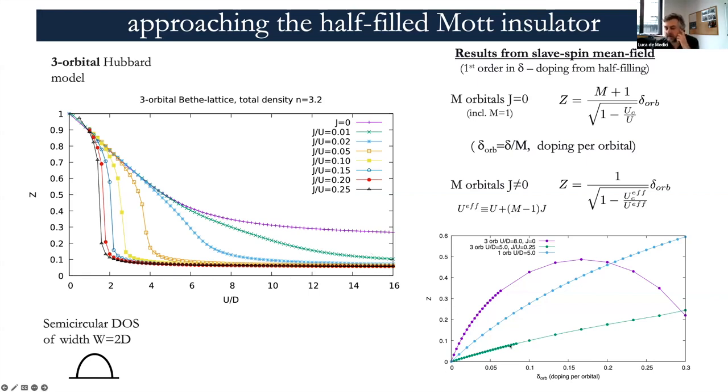And typically, the linear dependence of the Z as function of doping is also seen to be much, much lower when you have Hund's coupling than when you don't have it. And even compared to the single band case, which goes together with the very first evidence I showed you, in which the U critical was lower than the U critical for a single band Mott insulator. All these come from the same physics, from the same matrix elements, and really shows that Hund's coupling favored this strong correlation.